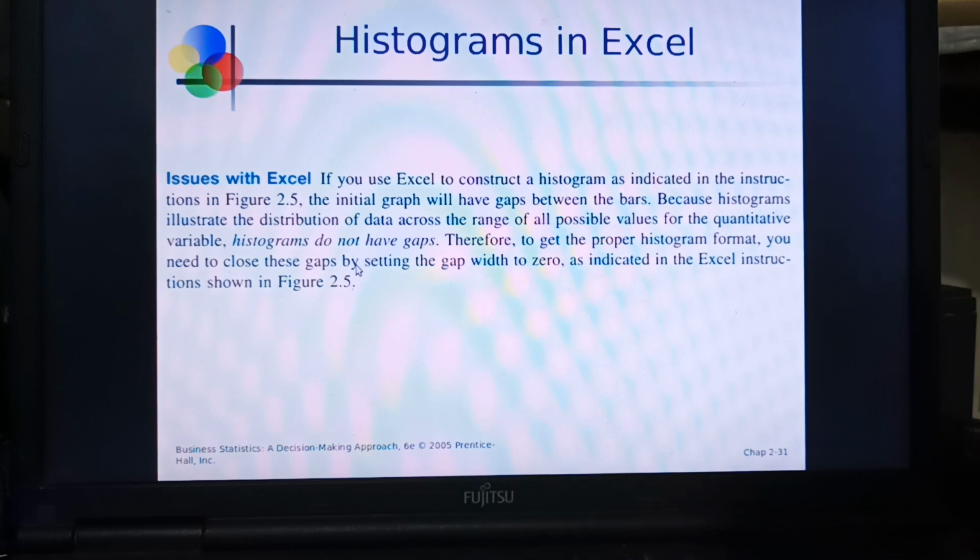In reality, histograms should not have gaps. But if you use Excel, it might appear that histograms have gaps. Therefore, to get the proper histogram format, you need to close these gaps by setting the gap width to 0 as indicated in the Excel instructions shown in figure 2.5.